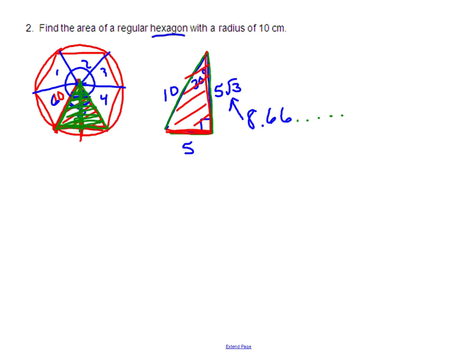In this particular problem, it doesn't really affect the answer. But 8.66 times 5 divided by 2 gives me this triangle. Double it for the whole thing, and then multiply that by 6. 1, 2, 3, 4, 5, 6 of those. And that turns out to be 259.8 square centimeters.